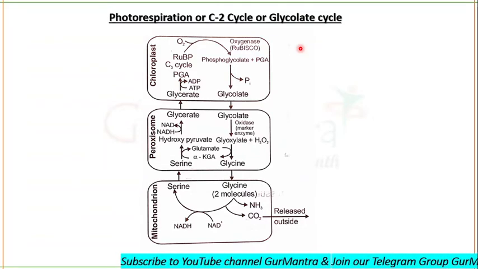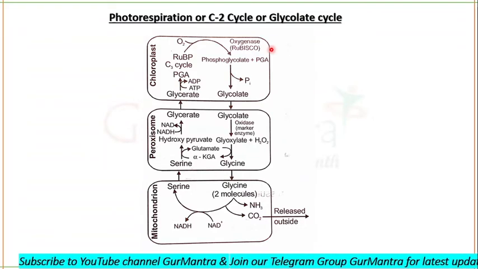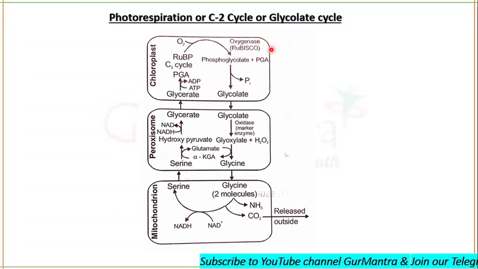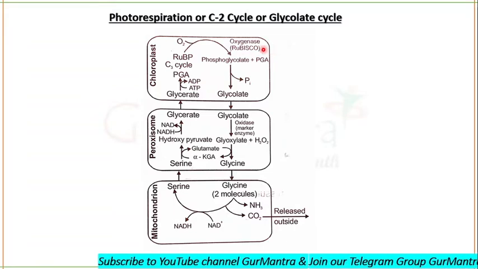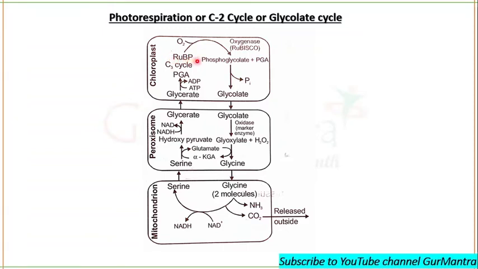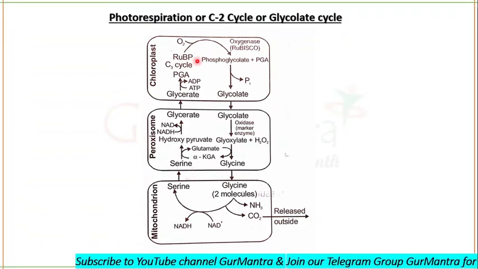Those plants are also known as C3 plants. In C3 plants, ribulose 1,5-bisphosphate is the first acceptor of carbon dioxide in the C3 cycle.